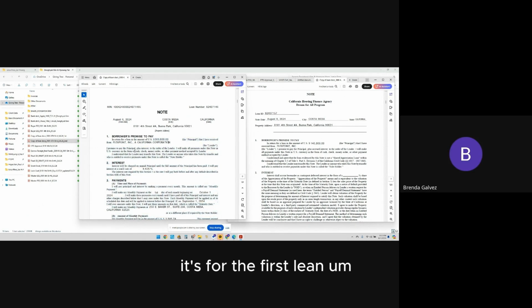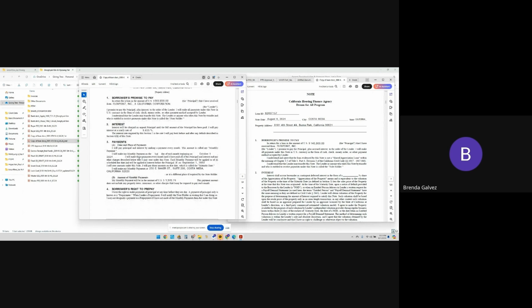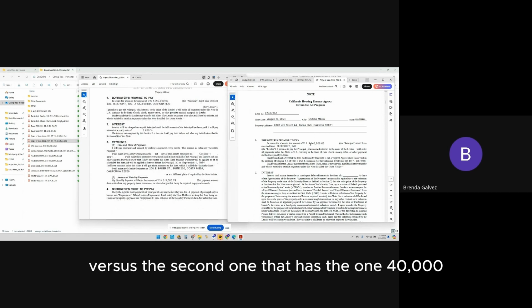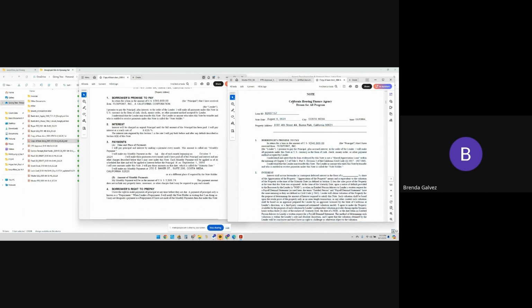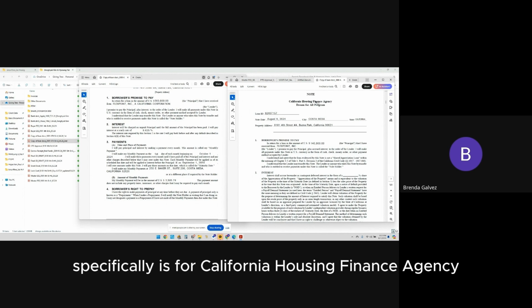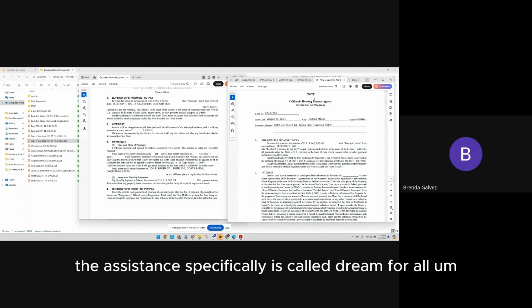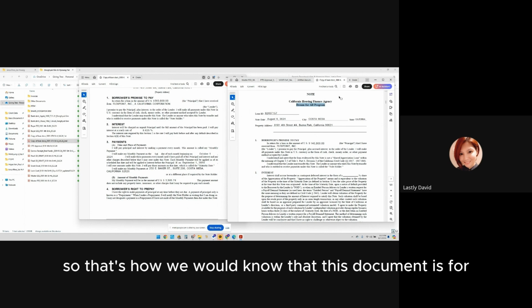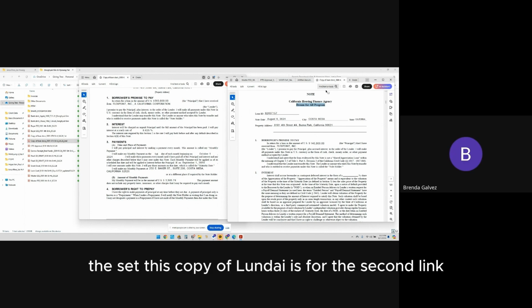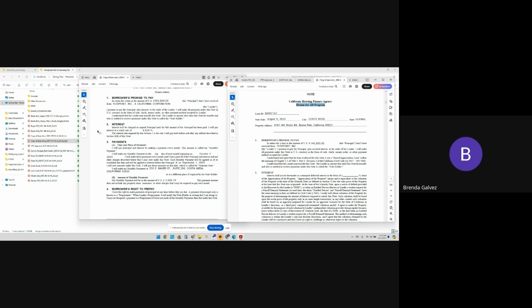It's for the first lien. Versus the second one that has the 140,000, if you can see, the note specifically is for the California Housing Finance Agency Dream for All program. So again, this one is for a down payment assistance. The assistance specifically is called Dream for All. So that's how we would know that this copy of the loan doc is for the second lien. Okay.